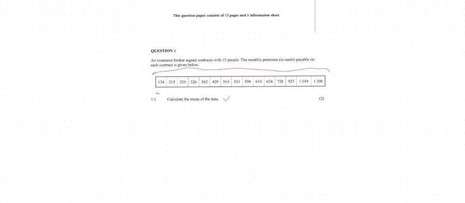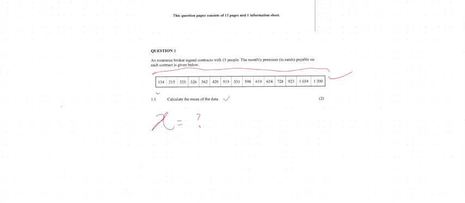So how do we calculate the mean? We have to sum up all the values and divide by the number of values, which is n.